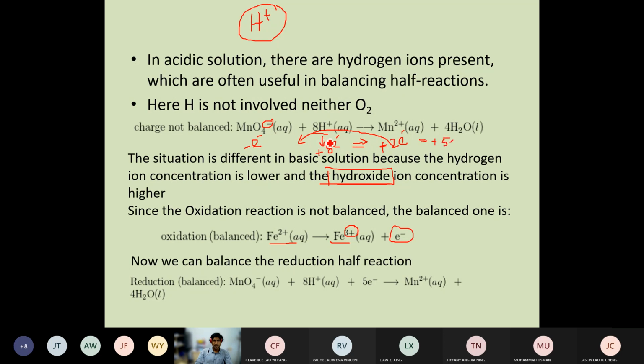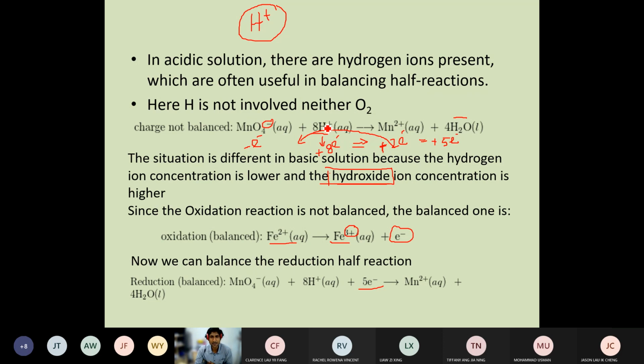So to make this reaction happen, we have to provide at least 5 electrons to this, all right? That means 5 electrons are required for this reaction to occur.